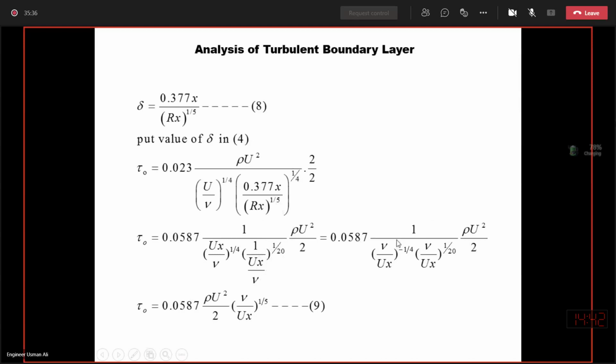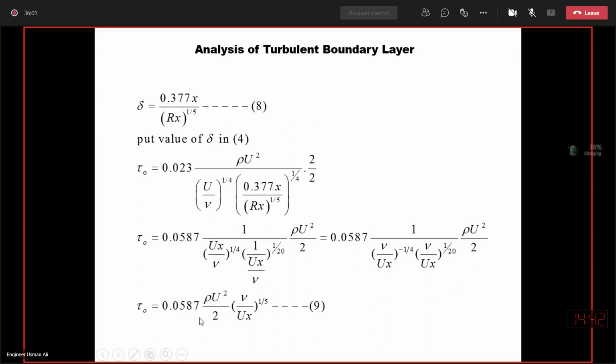Further we can simplify it. We can make this the numerator and this the denominator, so nu over ux power 1 by 4, and this will be nu over ux power 1 by 2. So minus 1 by 4 plus 1 over 20, so the power will be 1 by 5 positive.